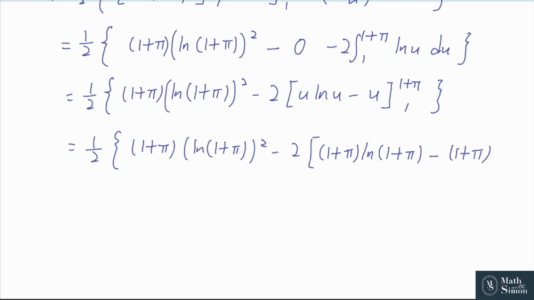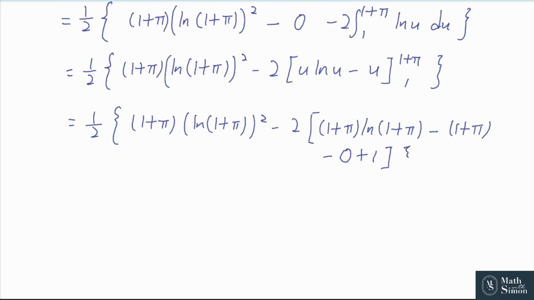I do not have enough space, allow me to continue on the second line here. Minus, I don't want to put another bracket here already, so I just minus it right away. So this is minus ln 1, which is 0, minus a negative u, so we have a plus u, which gives a plus 1 here. I'm just using fewer brackets there.